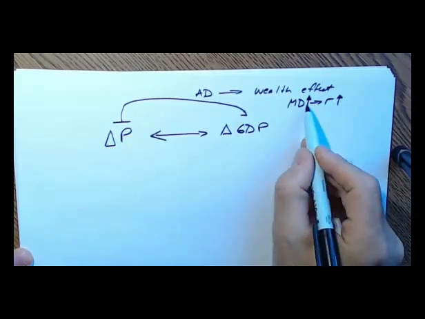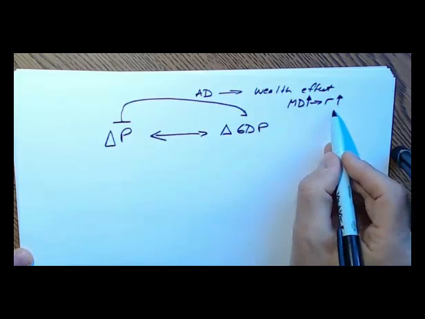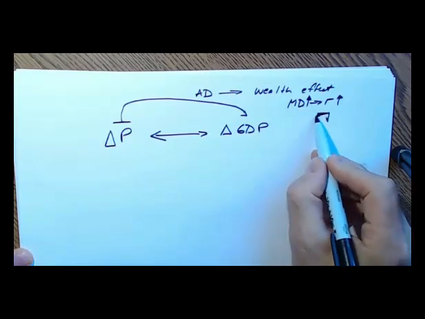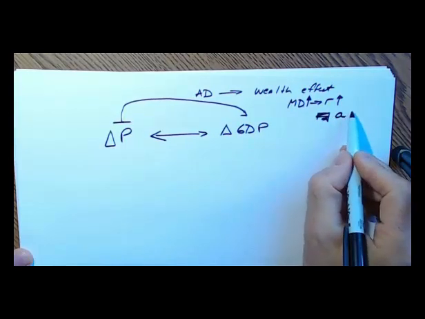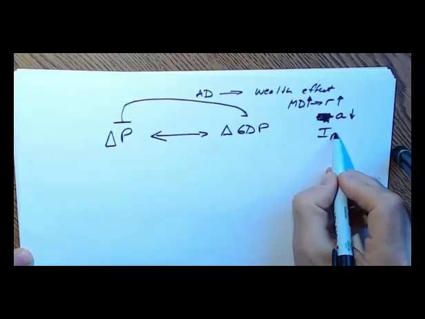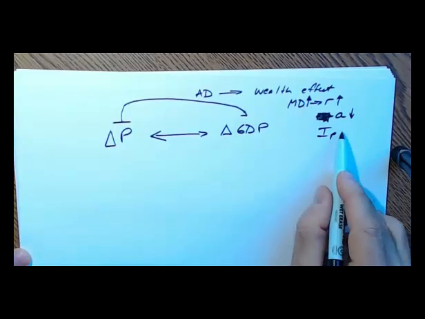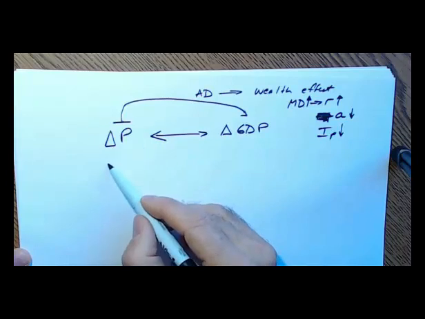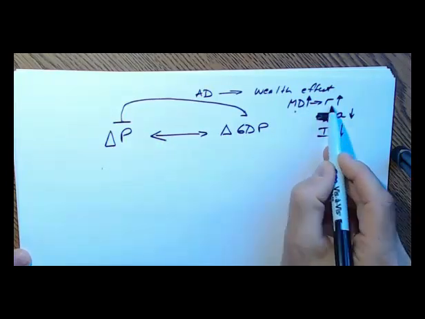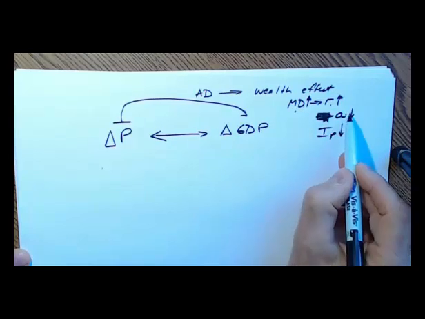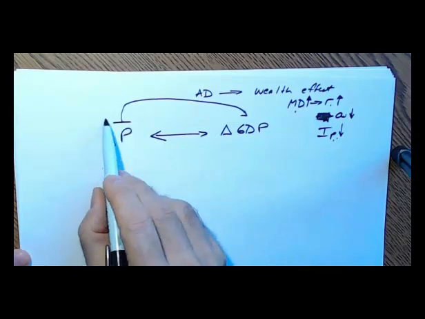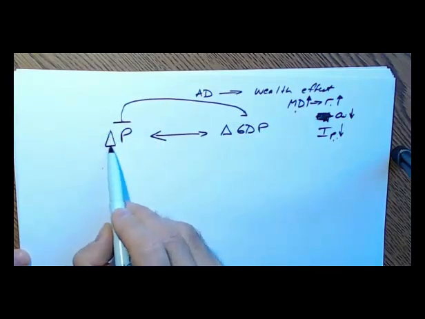Okay, so if prices go up, money demand goes up, interest rates go up, and that means we'll have autonomous expenditures going down, consumption expenditures going down, and planned investment going down. Okay, so if prices drop, it's the other way around. So we'll have a drop in money demand, a drop in interest rates, and an increase in these two variables, consumption and investment.